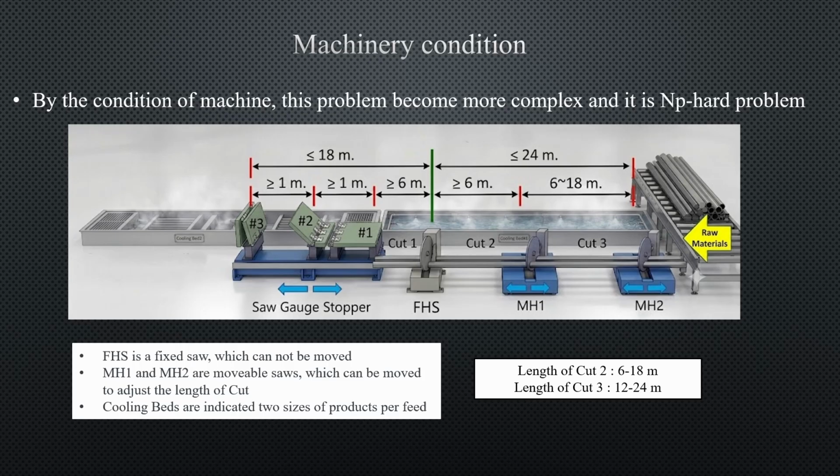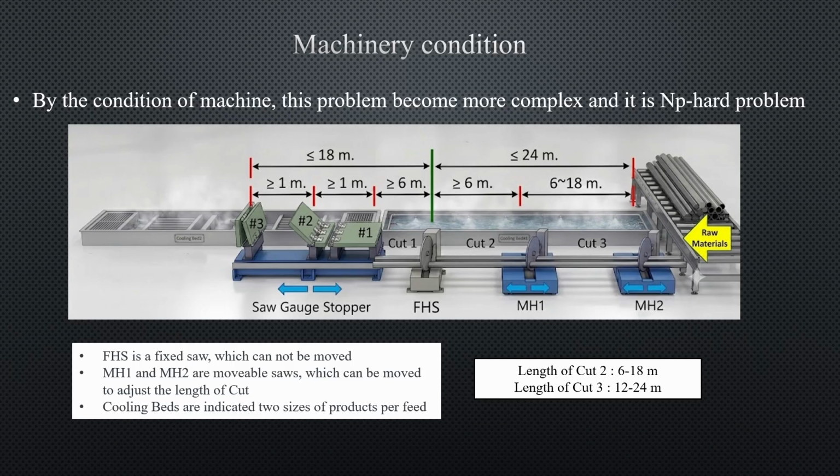For the movable saws, movable 1 must maintain a minimum distance of 6 meters from the fixed saw, while movable 2 can be adjusted with a range of 6 to 18 meters relative to movable 1.